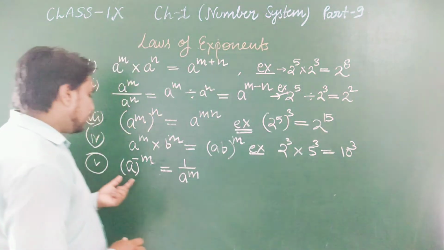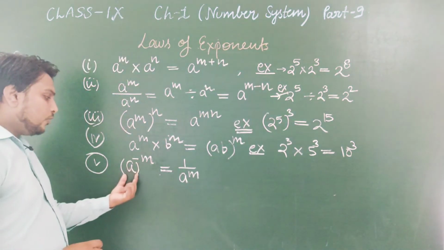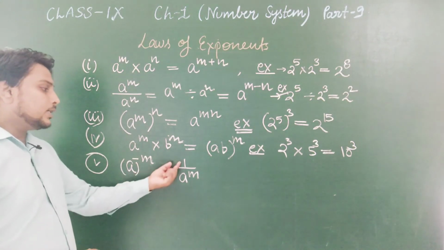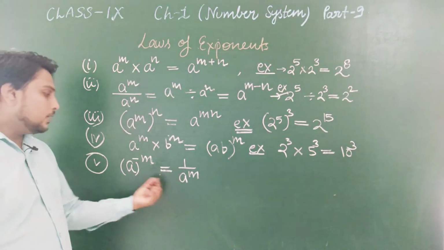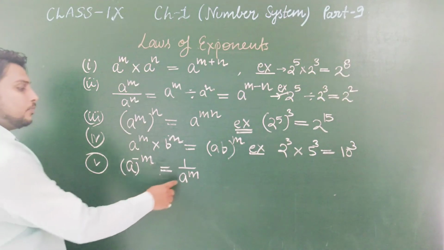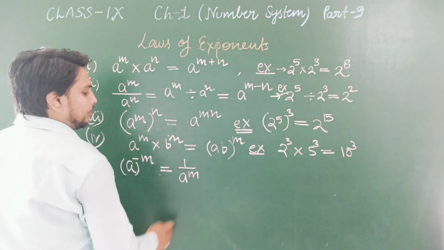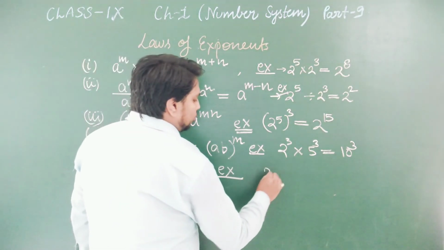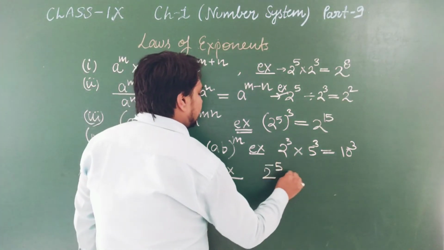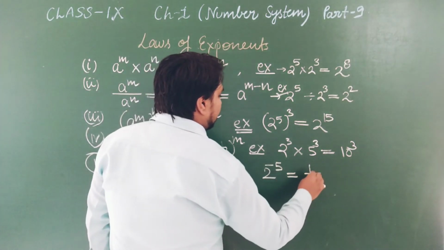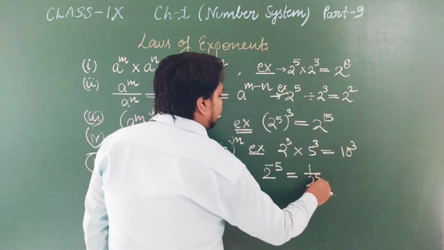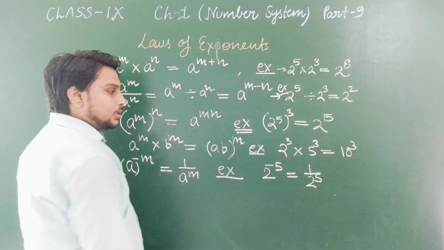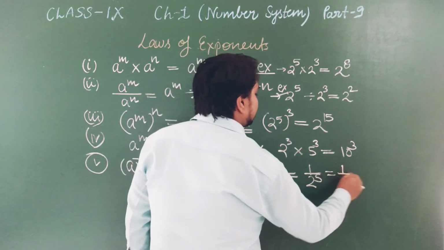So a to the power minus m becomes 1 upon a, to the power m, and the power becomes positive. For example, if 2 to the power minus 5 is written, you will write 1 upon 2 to the power 5, that is equal to 1 upon 32.